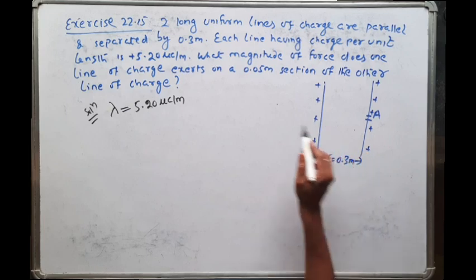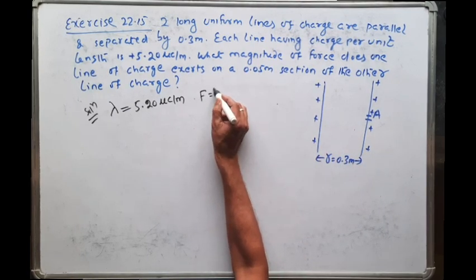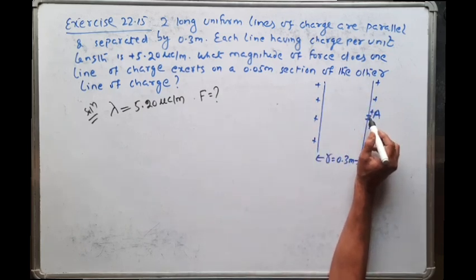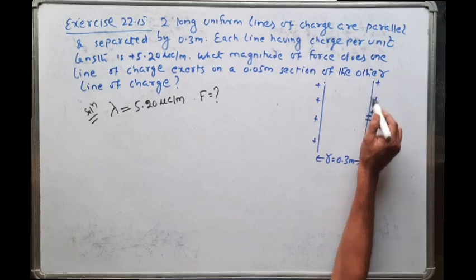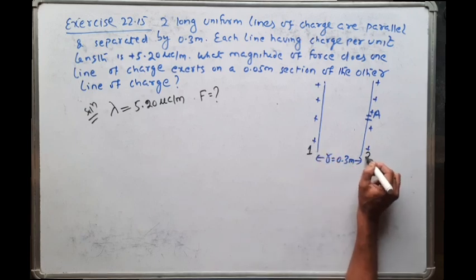Okay, so we have to find the magnitude of the force on the line charge on a 0.05 meter section of the other line charge. Suppose this is the first conductor, this is the second conductor.